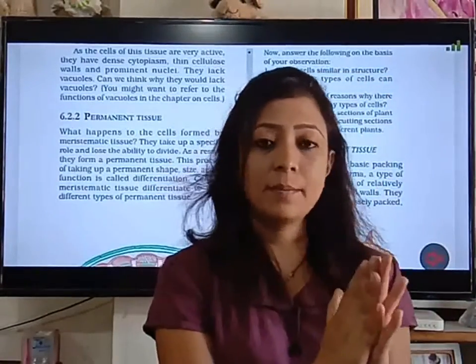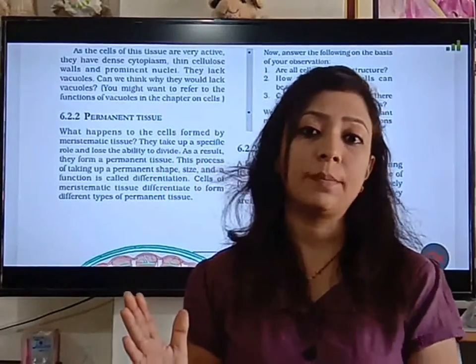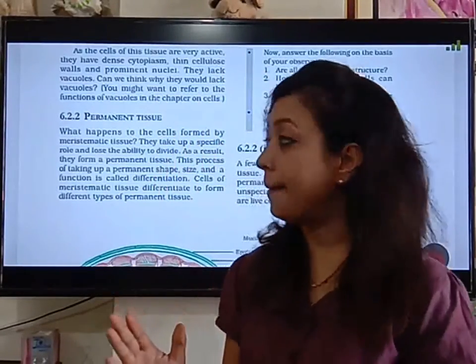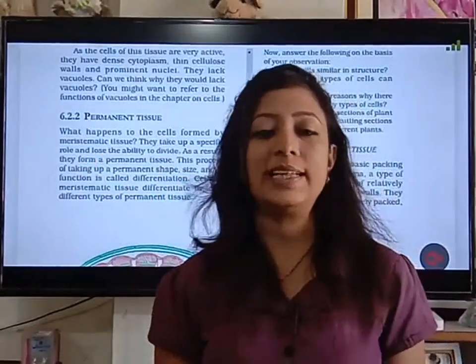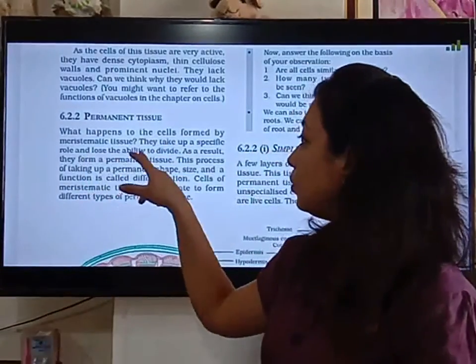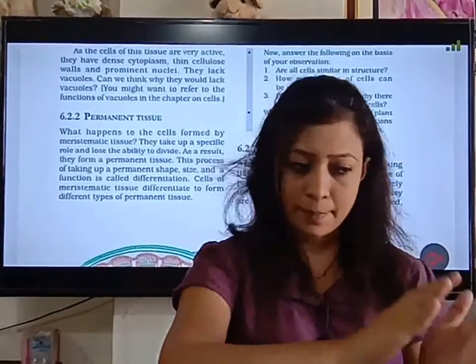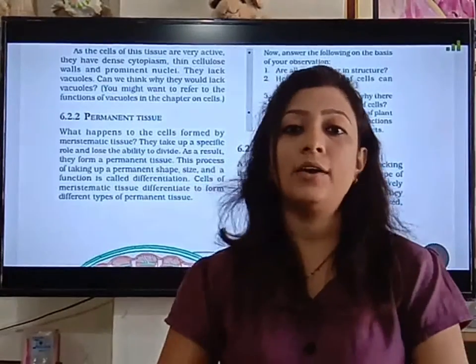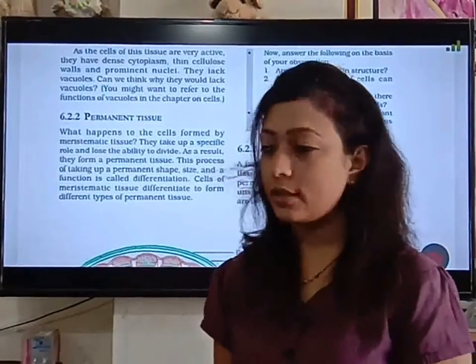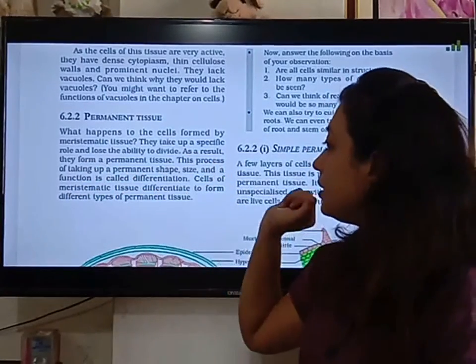Once the meristematic tissue is getting converted into the permanent and mature tissue, they take up a specific role and they lose their ability to divide. वो एक specific shape में आते हैं, specific structure लेते हैं और जो उनकी ability है divide होने की, ये loss हो जाती है. And then as a result, they form a permanent tissue.